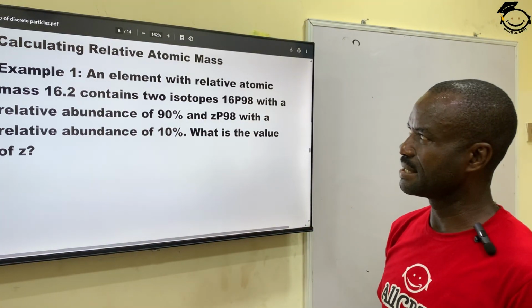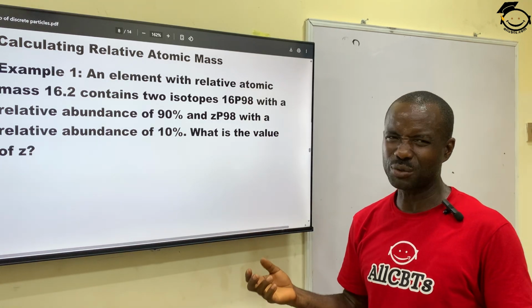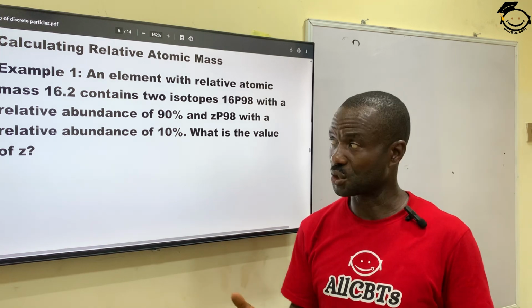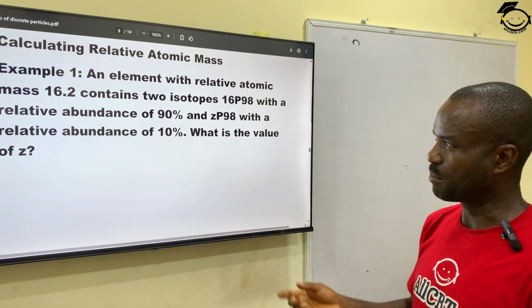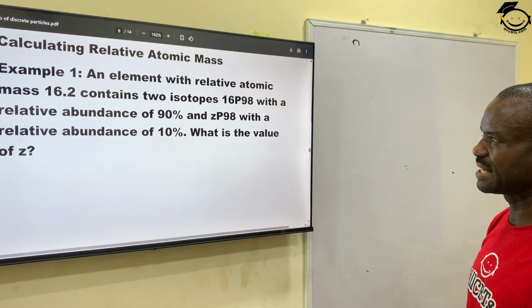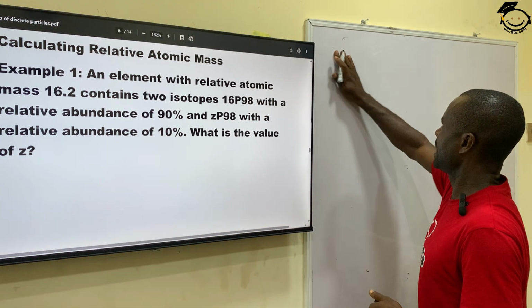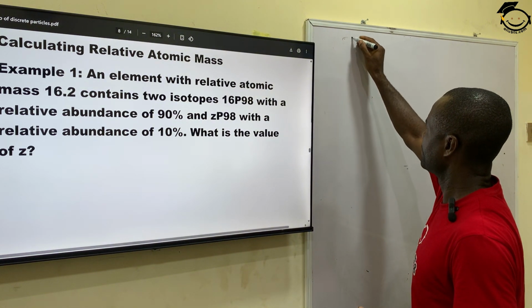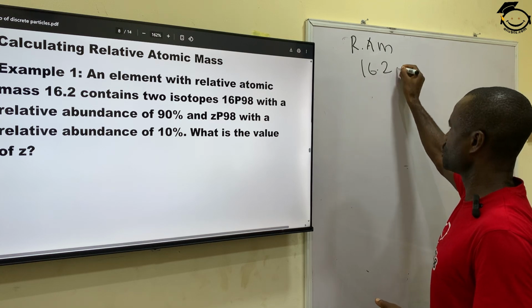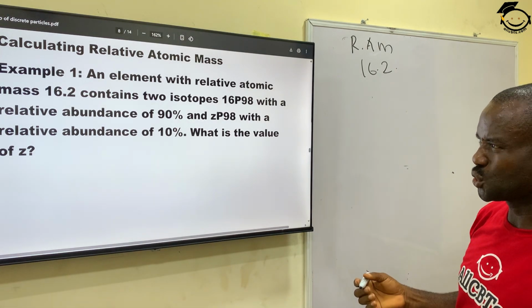All right, let's take some examples of how to determine the relative atomic mass of some isotopes. Example 1: an element has a relative atomic mass of 16.2, and it occurs in two isotopes.